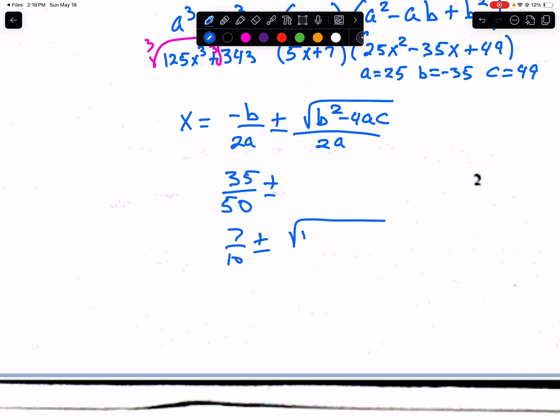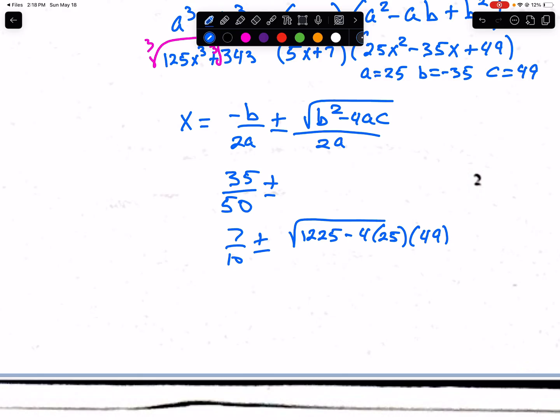Who would know that, right? 1,225 minus 4 times 25, that's a times c, which is 49. So I'm going to do negative 4 times 25 times 49.